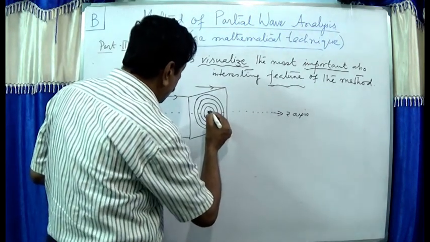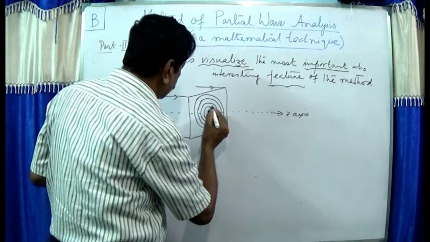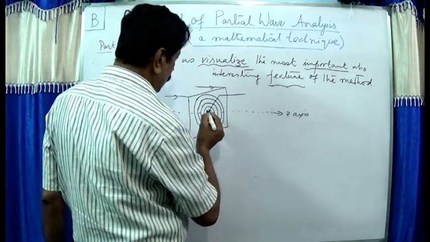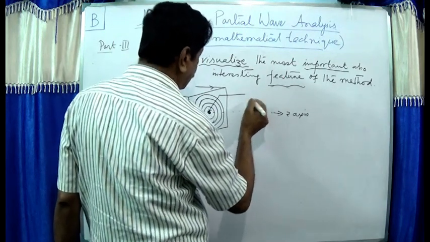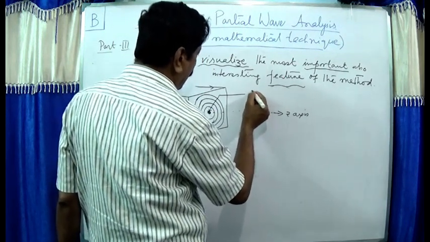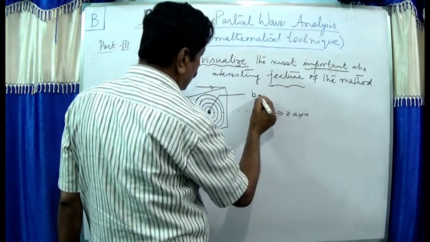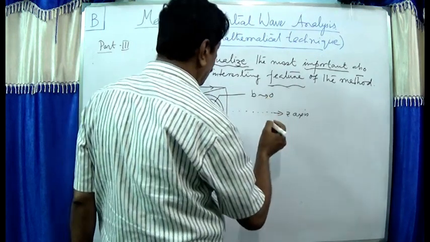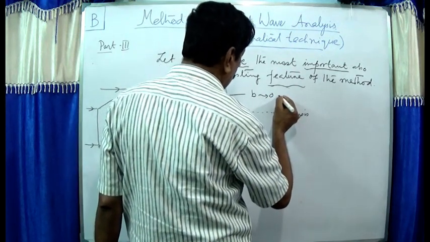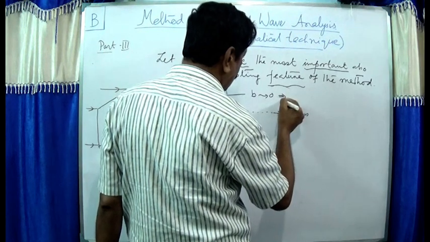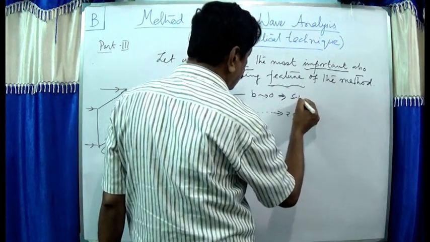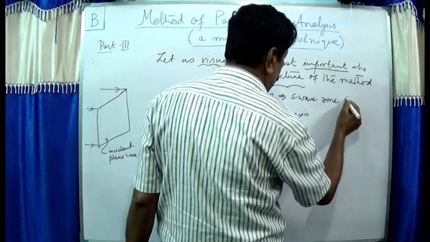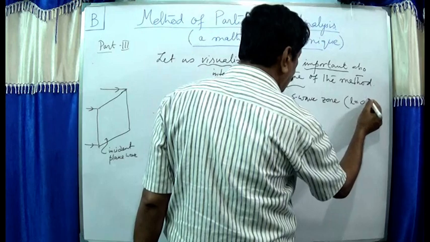Now let us mark all such zones in this way. For the central point, the impact parameter b is nearly 0, and which we call the S wave zone corresponding to L equal to 0 value.